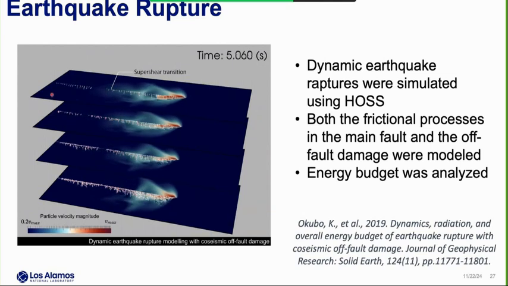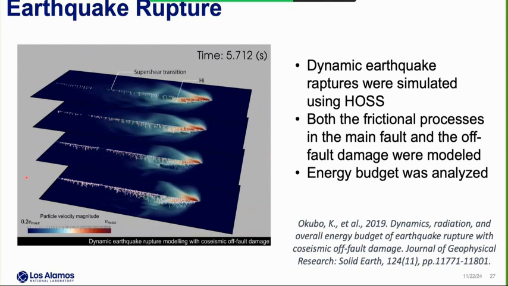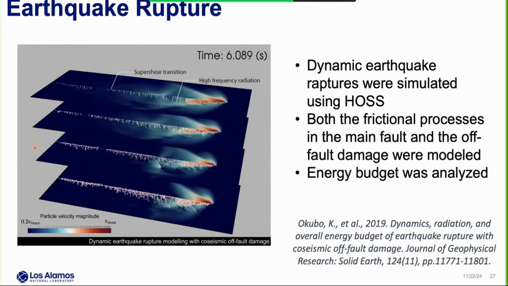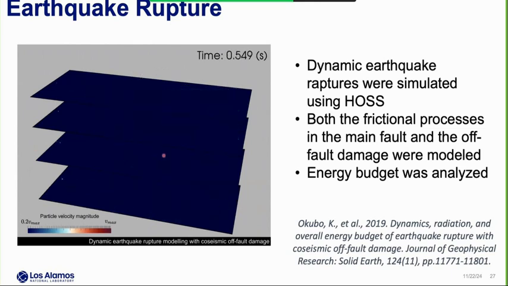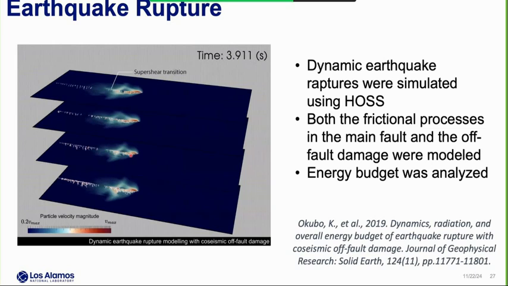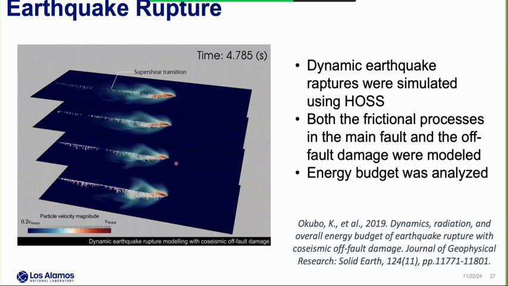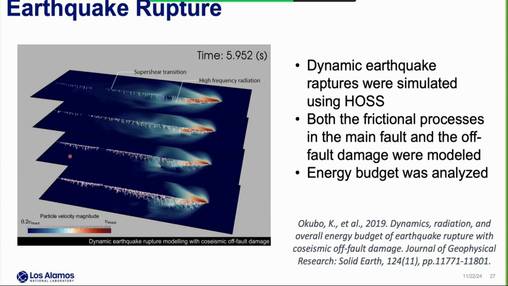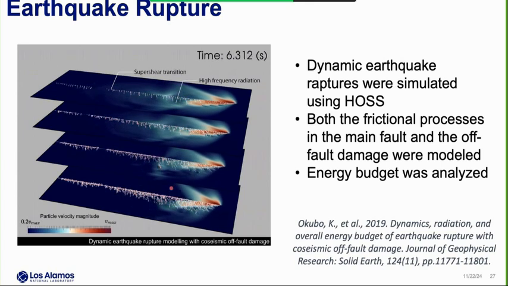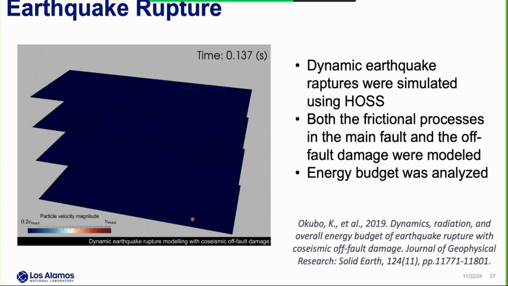And what we are seeing in this animation is the earthquake rupture process at different depths. Here the particle velocity is plotted in colors, and we also plotted the fracture generated during the earthquake rupture process. From this animation, we can see that we got more damage at a deeper depth.